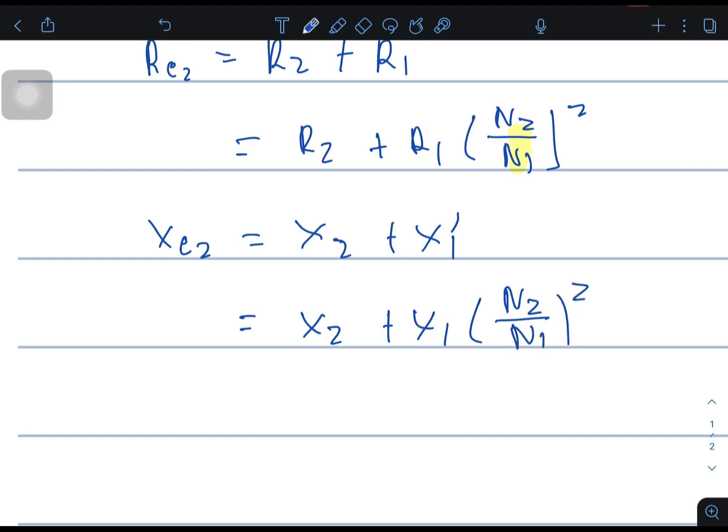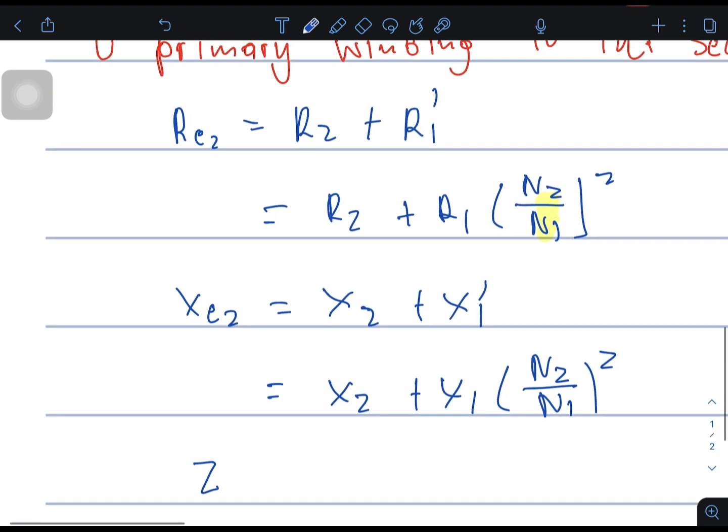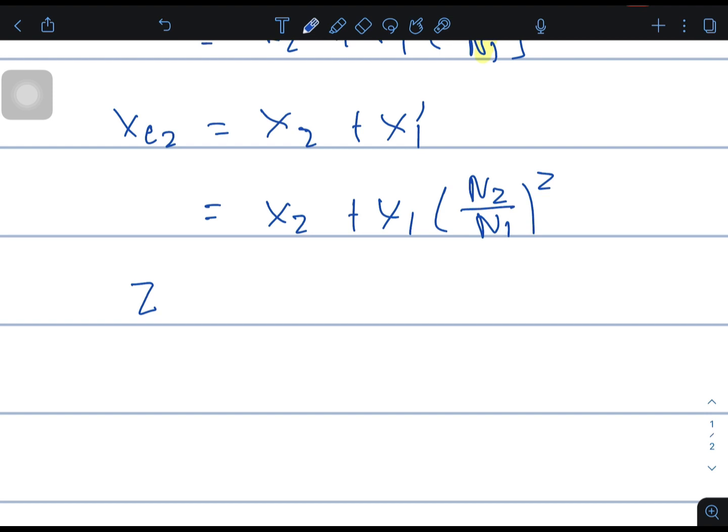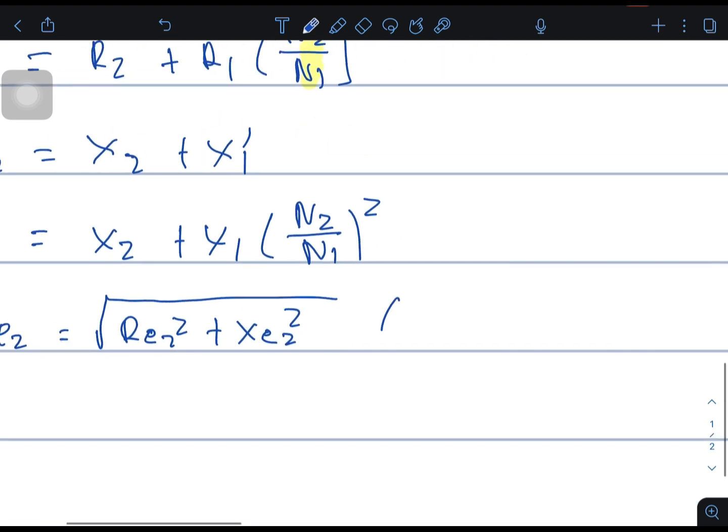Yeah, and then impedance, you have guessed it right. ZE2 is the square root of RE2 squared plus XE2 squared. Pythagoras, right?